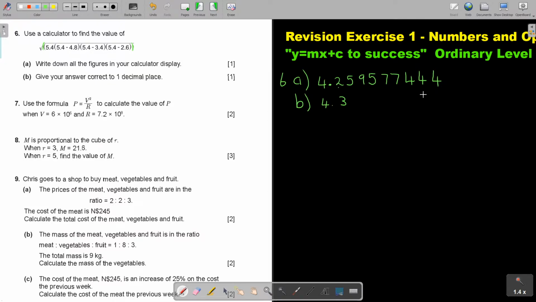Okay, let's start with number 7. Now, I'm going to do it as in the previous video. I'm going to read it, then I'm going to identify it, then I'm going to go to the table of content, then I will first revise this with you, and then we are going to come and try the sum again. So use the formula, this, to calculate the value of P when V is equal to this and R is equal to this.